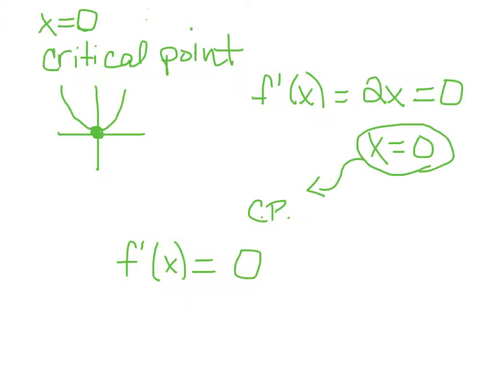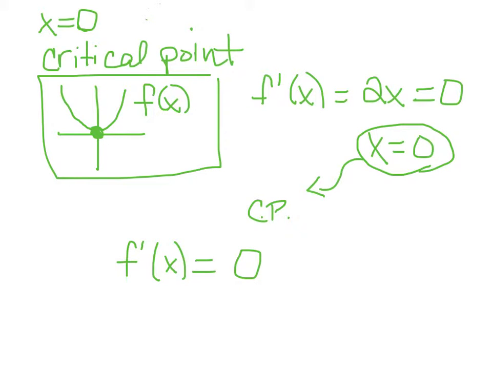Go back and look at the graph of the function, which again, we will not always have, but we just happen to have in this particular instance. Notice that at x equals 0, we have a critical point. In this case, that's called a minimum, because it's the lowest point on the graph.